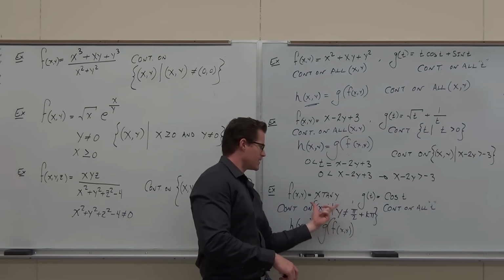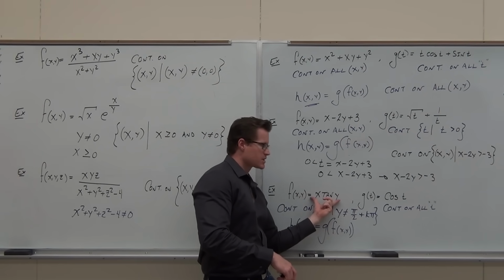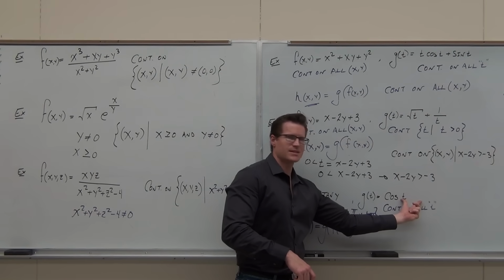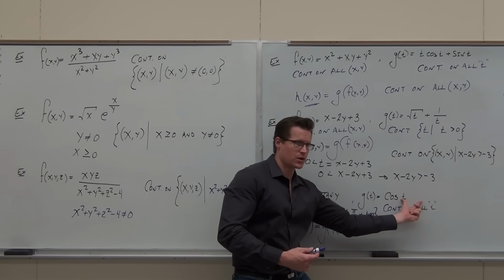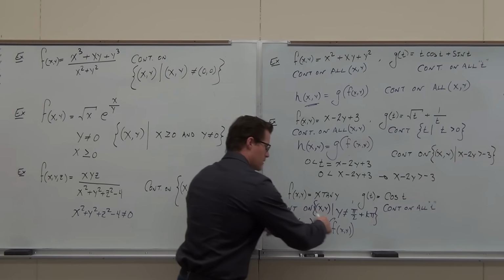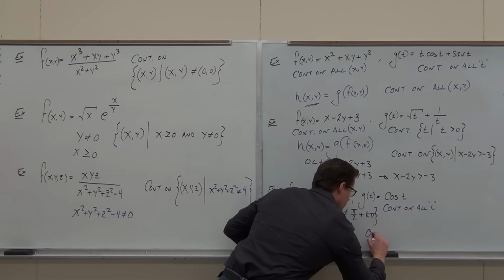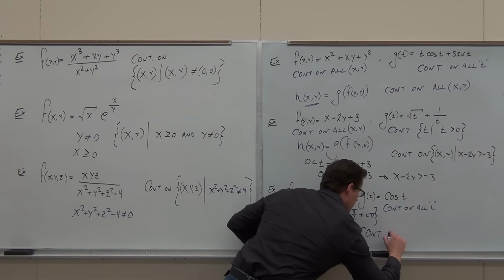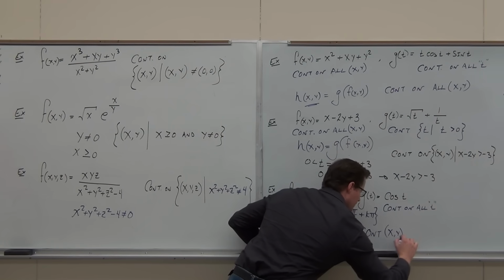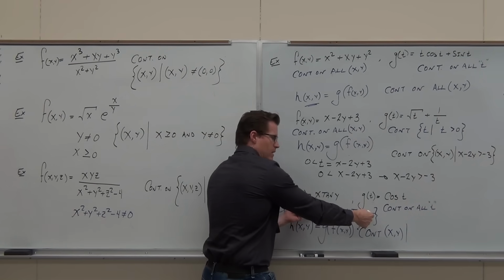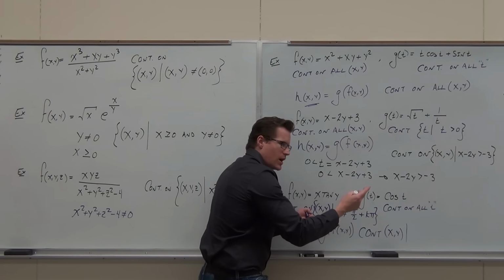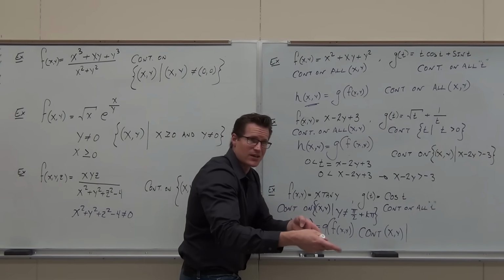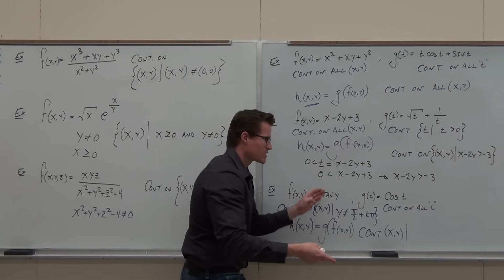If I'm taking this whole thing and just substituting this in for t, this doesn't add any more problems. All it says is that you're going to have continuity in basically the same region you had before. This was the only problem there. It was already in terms of x's and y's, so it's going to be the exact same set of points. Does that make sense to you? The cosine's continuous everywhere.